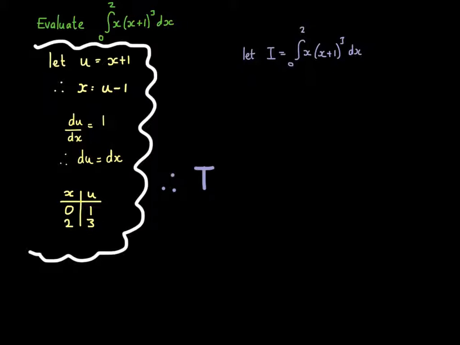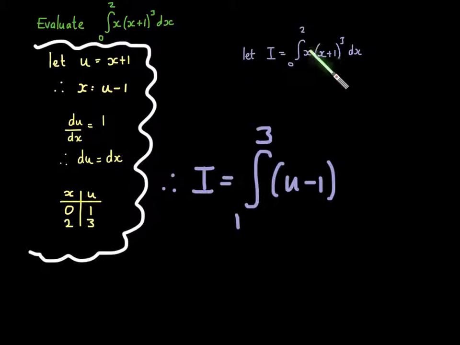Okay, so our integral is going to become the integral between, instead of 0 to 2, 1 to 3. x we know is u subtract 1. I'll stick that in there. u is equal to x plus 1, so x plus 1 to the power 3 is going to become u to the power 3.